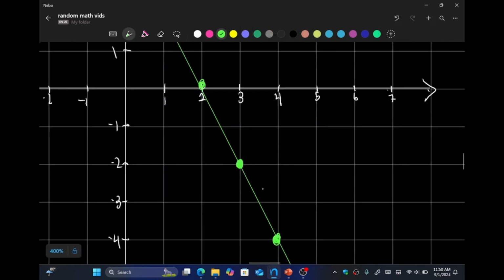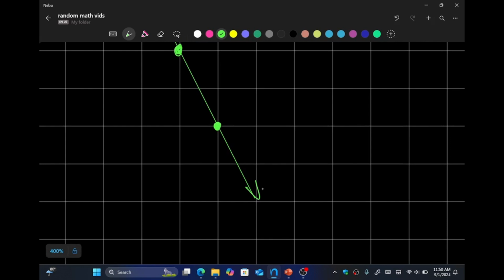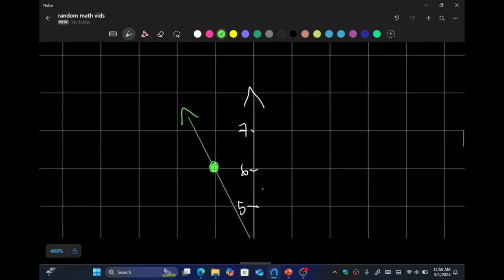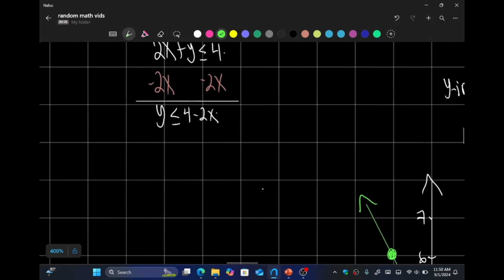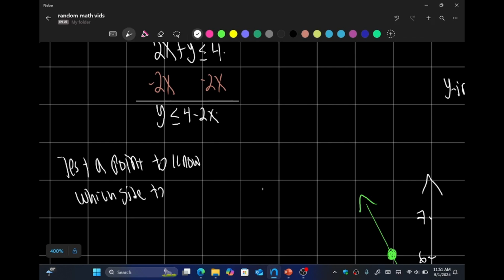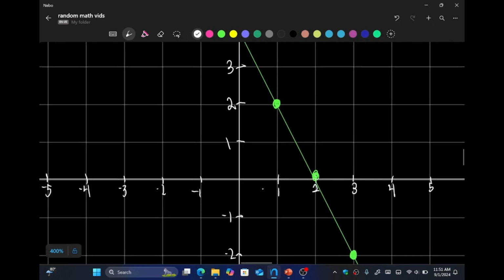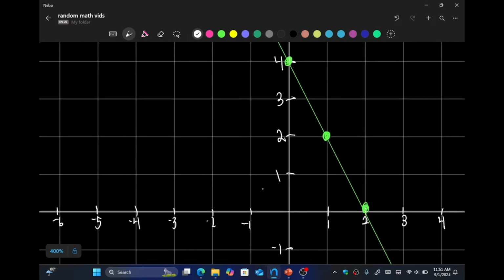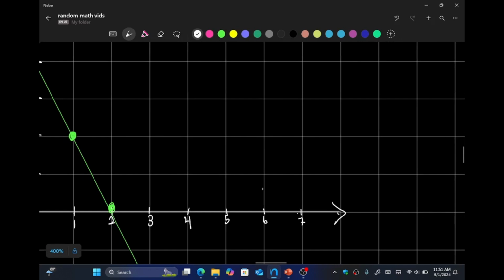It's not drawn perfectly, but it's something like this. And so now we want to know where to actually shade. So you want to test a point to know which side to shade. So here, let's go ahead and pick a point. Let's first do a point on the right.